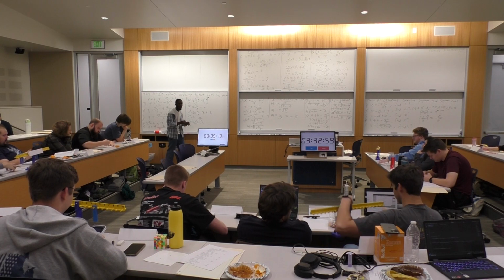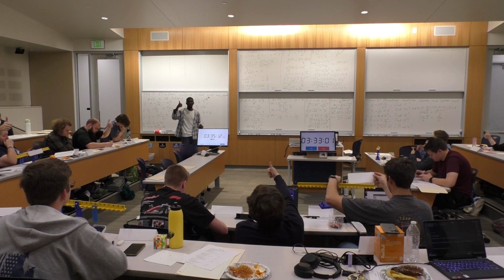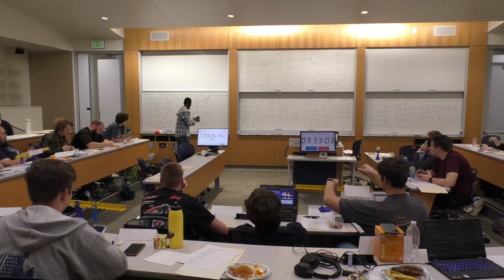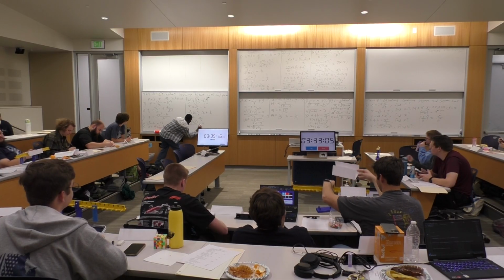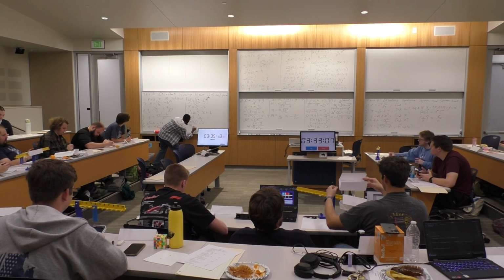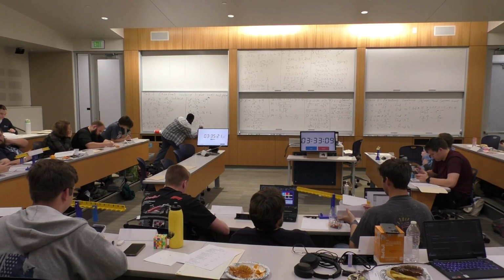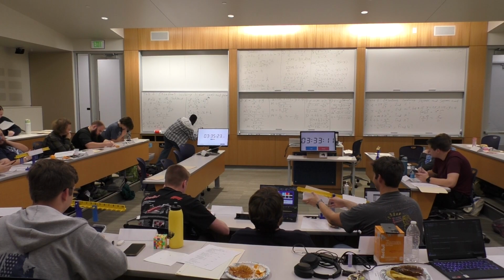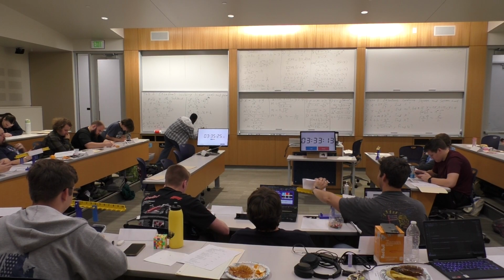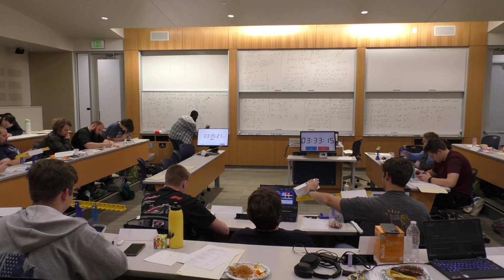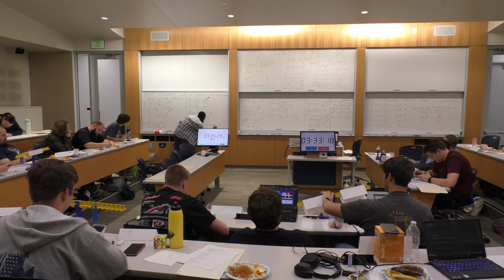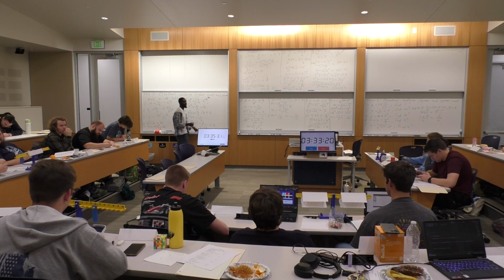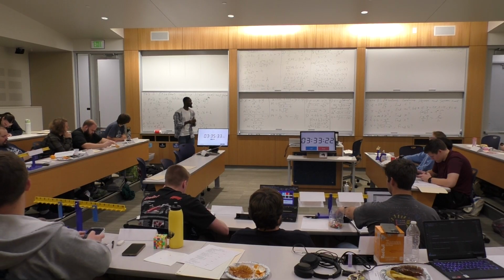Thumbs up if you followed to this point, everyone. Good. So divide both sides with y power 4 plus b. This will cancel this. Hence, x is equal to a over y power 4 plus b.